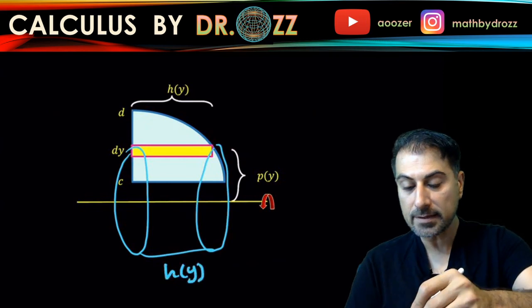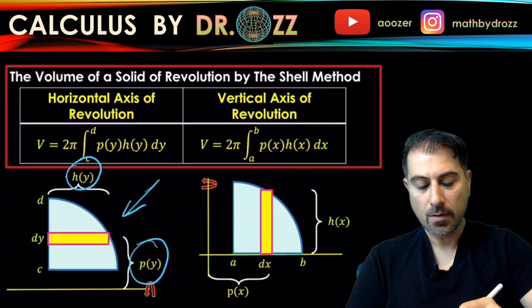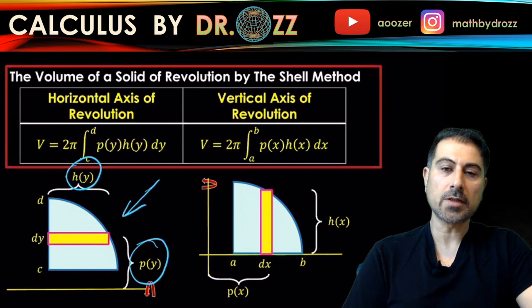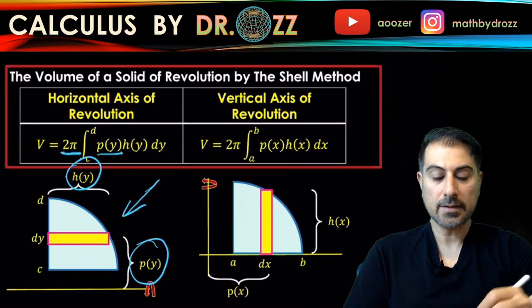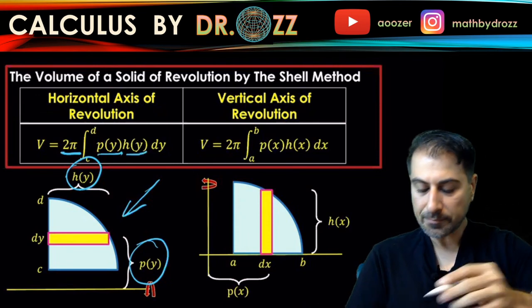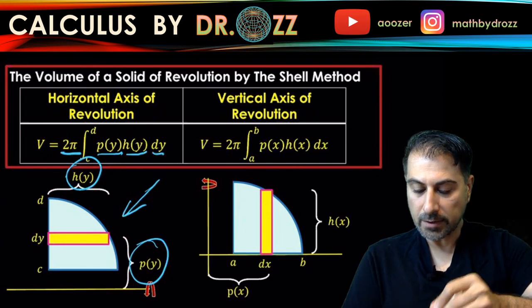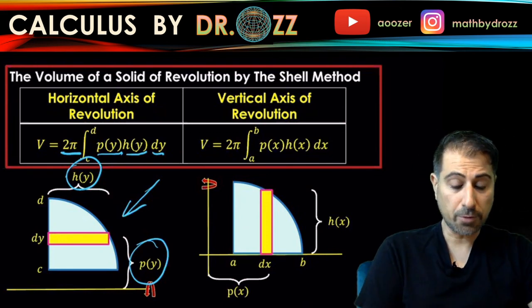Once you have both of them, you're going to write the volume as 2 pi times the radius, so it's the circumference of the bottom, times the height of the cylinder, and times the thickness. So this is the formula that we're about to use. Now let's see how the radius and height, in our case, are determined.